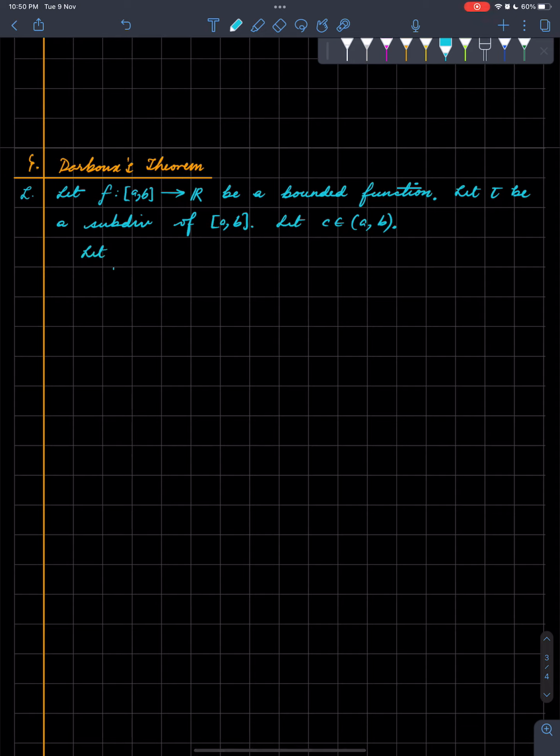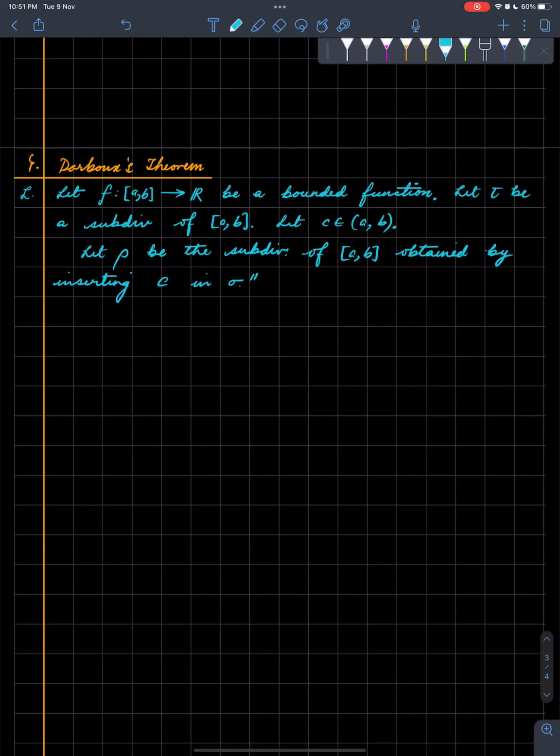Let rho be the subdivision of the domain of f obtained by inserting c in sigma.